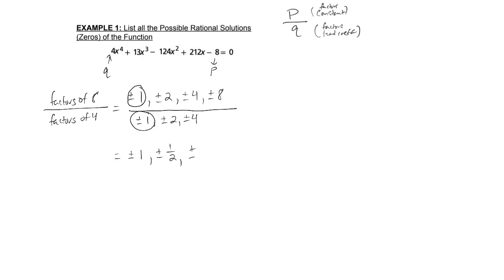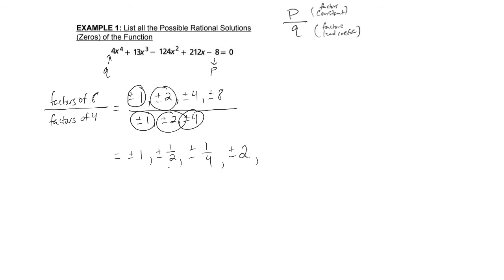And then plus or minus 1/4 for this over this. Now we start with 2, so plus or minus 2 over 1. Plus or minus 2 over 2 would just reduce to 1, so we don't need to write that. And then plus or minus 2 over 4 reduces to 1/2 as well.